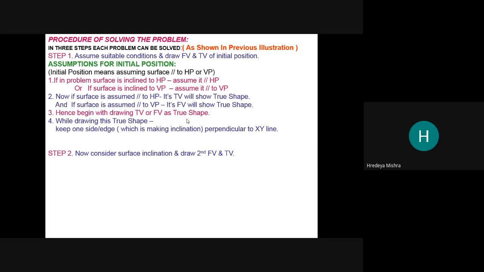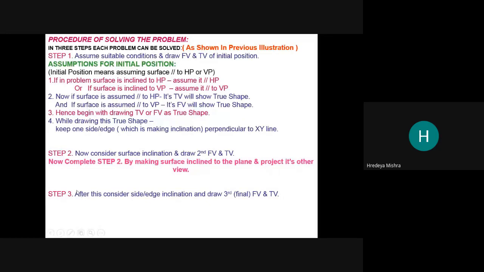Now in the second step, we consider the surface inclination and draw the front view and top view. Complete step 2 by making the surface inclined to the plane and projecting it on the other view.